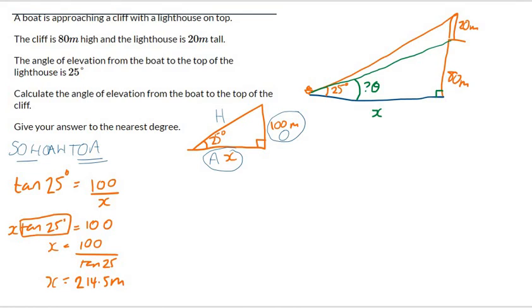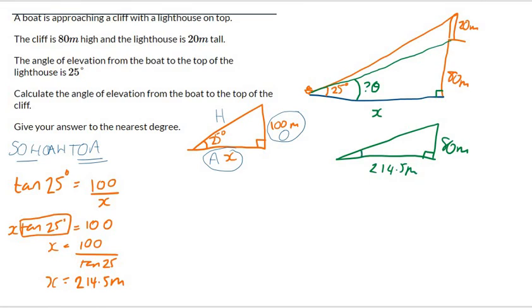Okay, excellent. So now we can think about doing a green triangle, which takes us from the boat to the top of the cliff only. We know that's only 80 meters high. We know the horizontal distance is 214.5 meters.